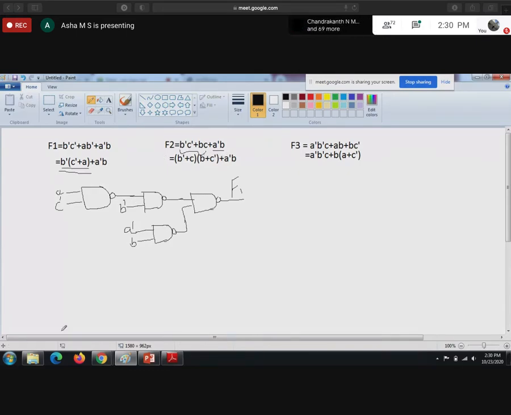So take this B bar C, and one more NAND gate for B C bar.